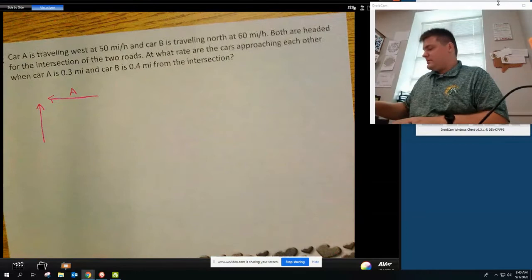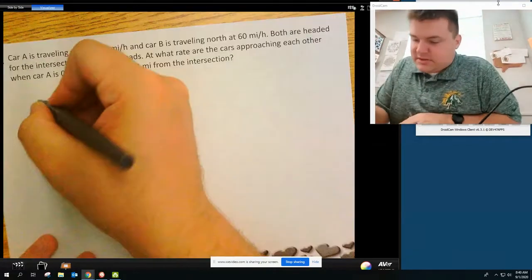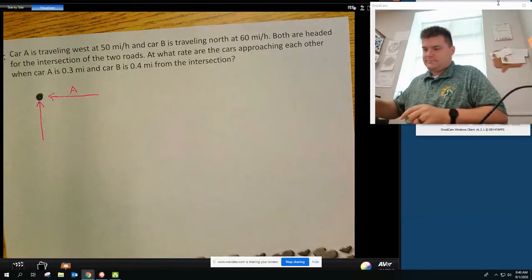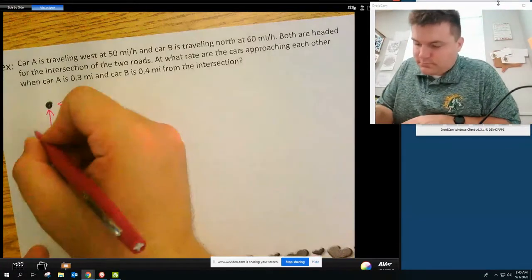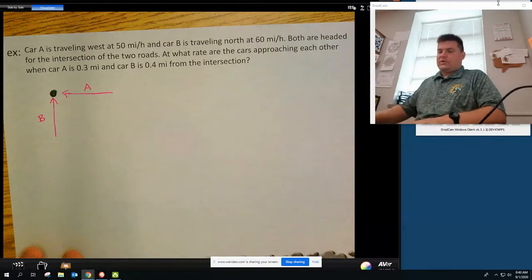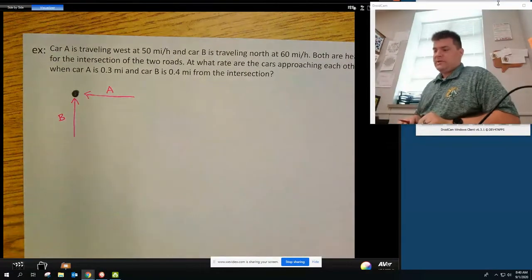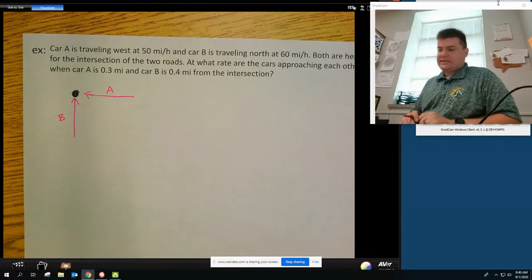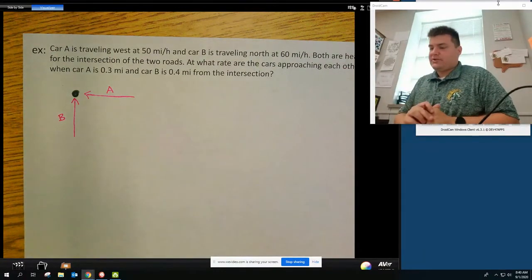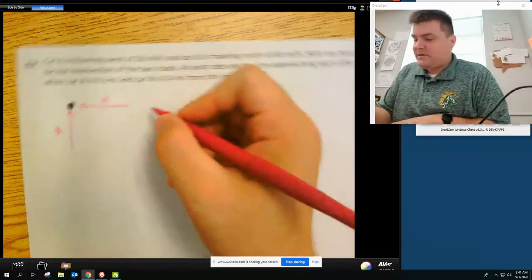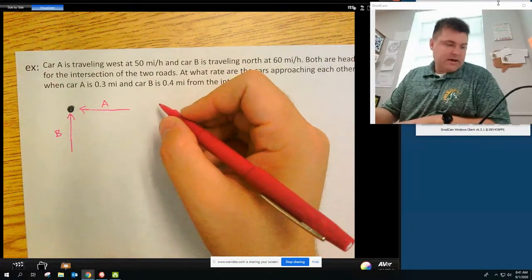So I'll put a gigantic dot here. They're trying to reach this intersection, so we're relating everything to this intersection. It's asking at what rate are these cars approaching, and we have these values as well. So we do have the distance for car A.